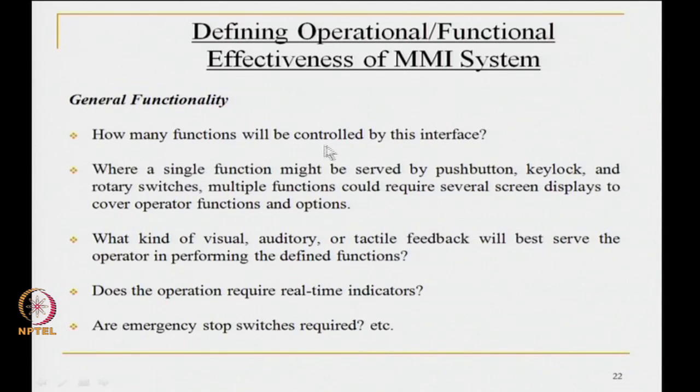How many functions will be controlled by this interface? Because the interface would be requiring a human command. The same can be converted into an automatic control system, but then converting it into an automatic control instead of requiring a human command would have its own complications.